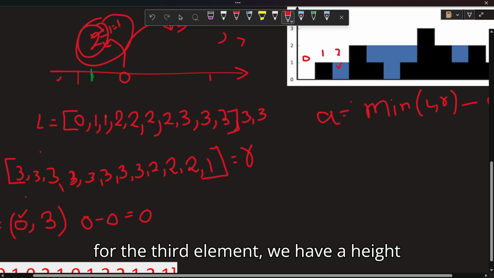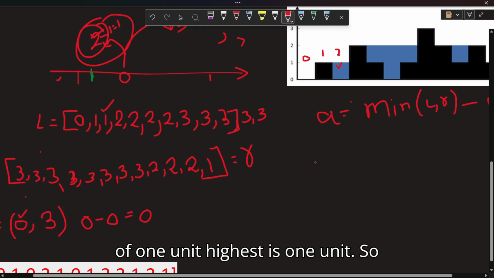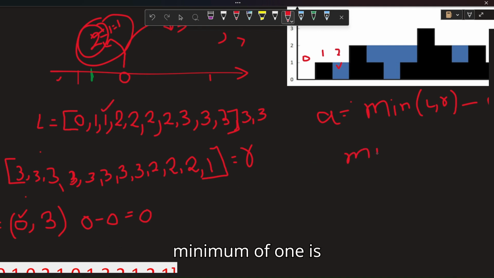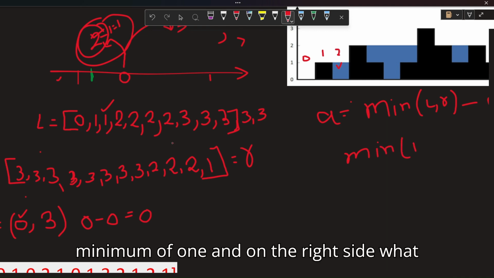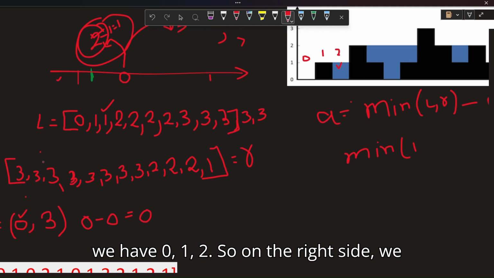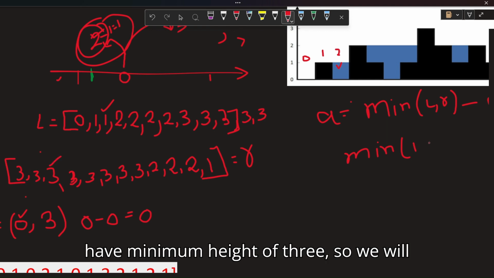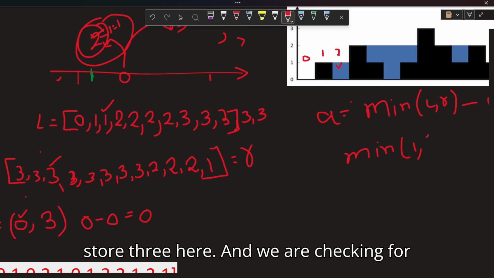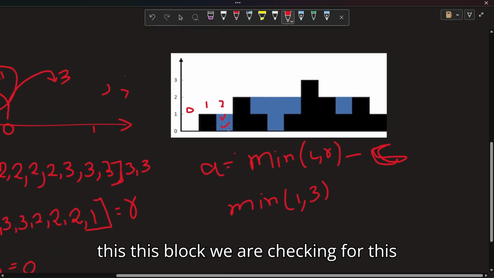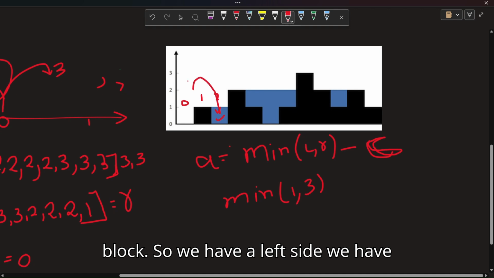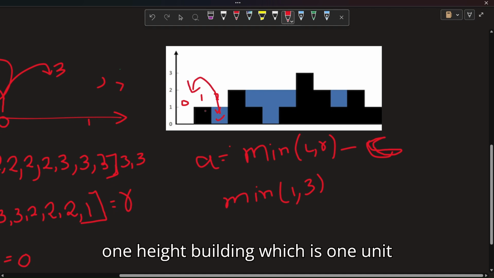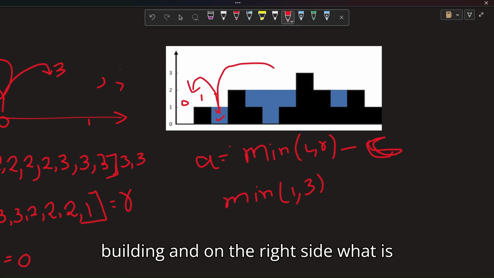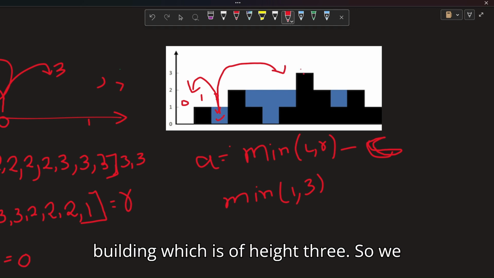For this element, the highest on the left side is 1 unit, and on the right side the highest is 3, and we are checking for this block. On the left side we have a building of 1 unit, and on the right side the highest building is of height 3.